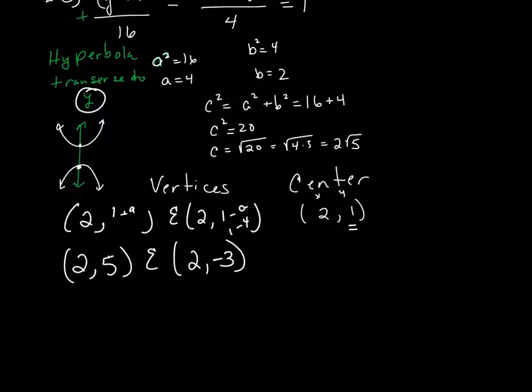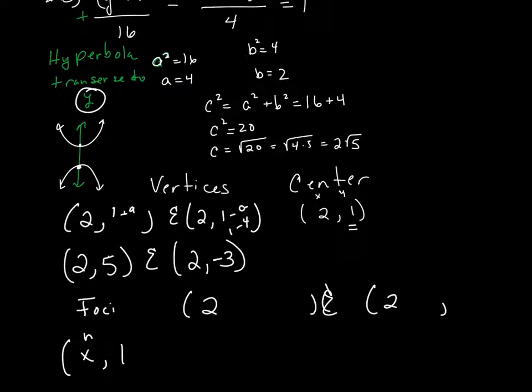Next, we'll go through and find the foci. The foci are the same way. What I mean by that, they are in the same direction, so that x value stays the same. So the foci are going to have the x values at 2. Again, my x value, or my h value of the center, stays the same, but the y piece of this is going to be the k value, or 1 plus or minus c.